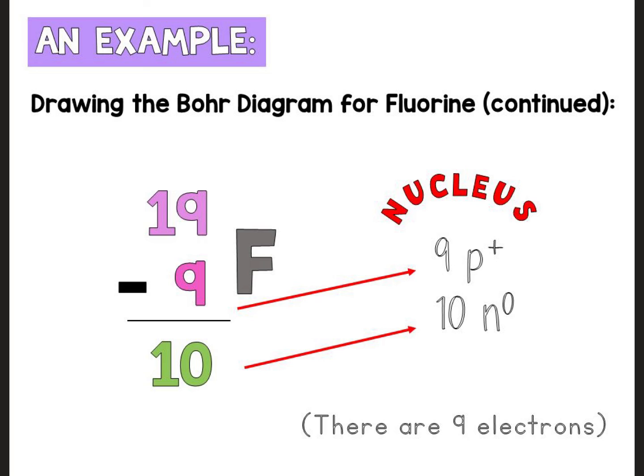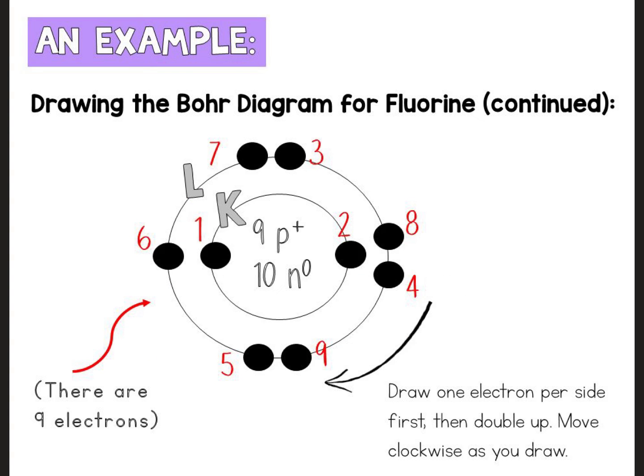Since there must be the same number of protons and electrons in a neutral atom, we're going to have 9 electrons as well. You always draw 1 electron per side first and then double them up, moving clockwise as you do so.